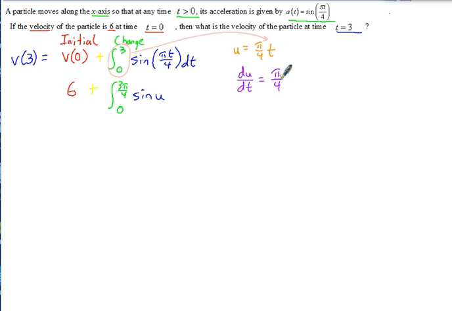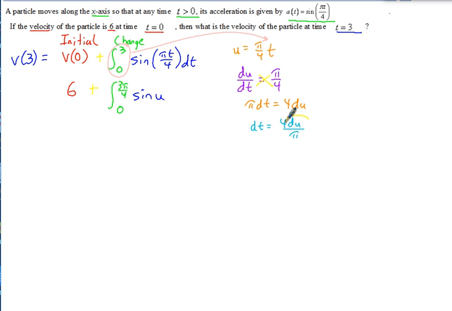Same rule for derivatives. The constant stays in front. Then, since we want to solve for dt and du dt is a fraction, I think the simplest way to do that is to cross multiply. So we get pi dt equals 4 du. And then when you divide by pi, you end up with dt equals 4 du over pi.